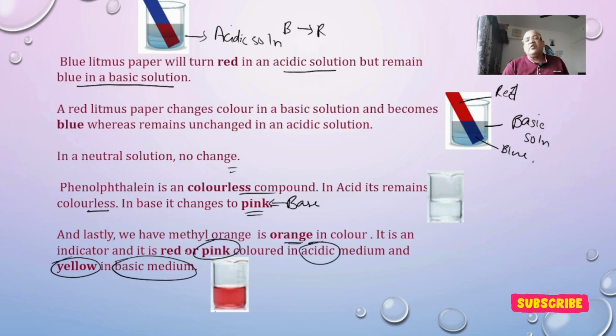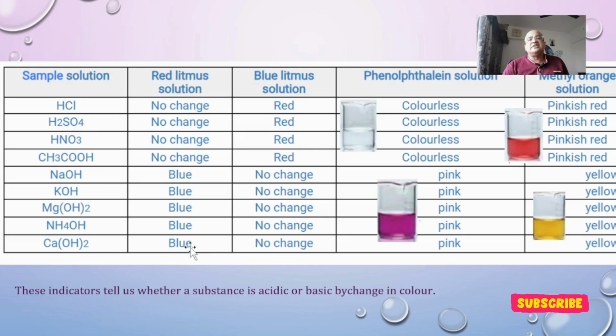Now let's see a few of the acids and bases and their color changes. Here you will see that hydrochloric acid is there. See here, blue litmus paper, as it is an acid, so what will happen? Blue litmus will turn red. Blue to red we will see. Same is the case with sulfuric acid, nitric acid, and acetic acid.